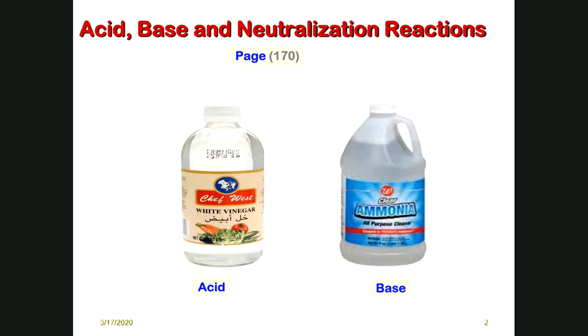That is why your doctor often asks you to eat more vegetables rather than taking Coca-Cola, Pepsi, or fast food, because fast food and Coca-Cola, Pepsi have lots of acid in them. To neutralize that, we need some basic vegetables. Let's begin.